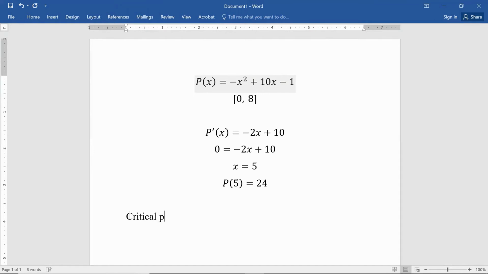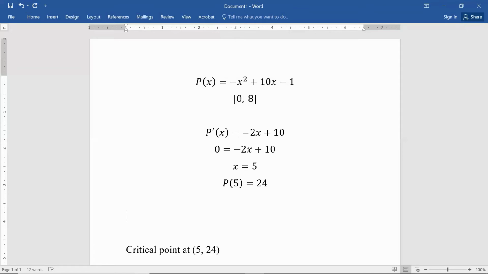So I have a critical point at the point (5, 24). Now, what other points do I need to check? I need to check what happens when I plug in a 0 and what happens when I plug in an 8, because those are the endpoints of my closed interval.